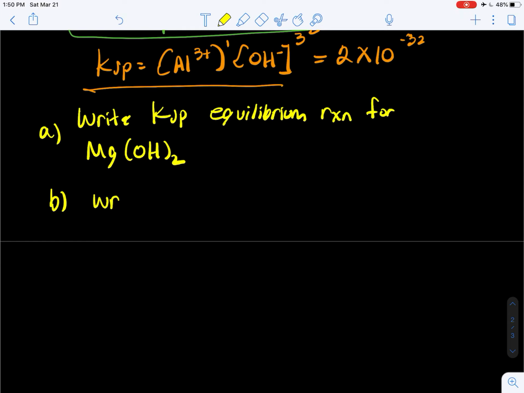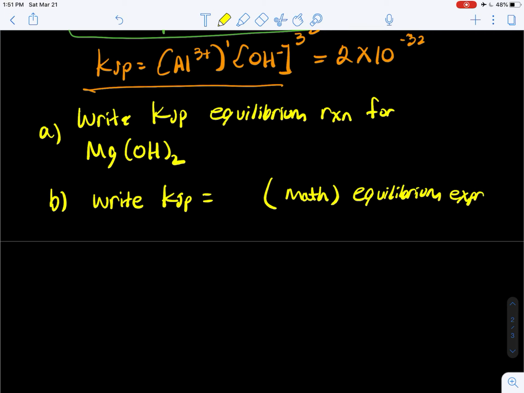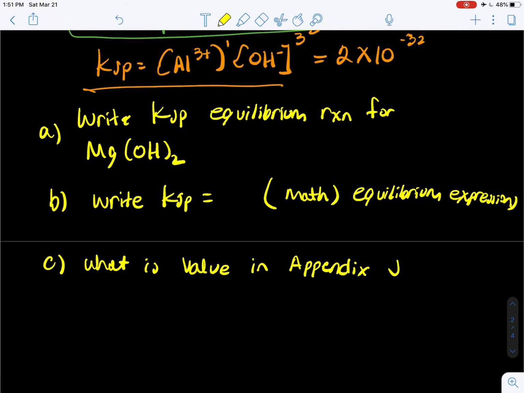Then I would like you to write the KSP mathematical equilibrium expression. Okay. And then what is the value in Appendix J? I should note that the lecture guide does not have this appendix of KSP values. All right.